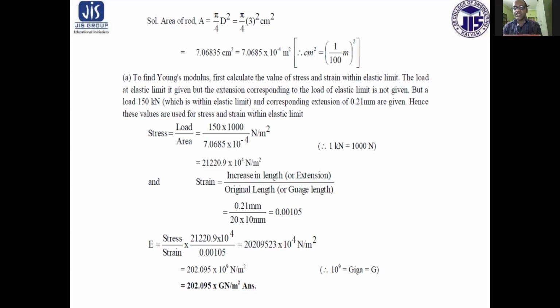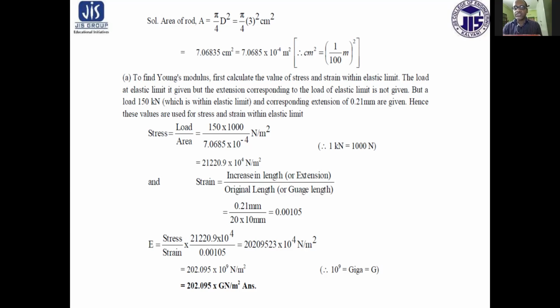The increase in length is 0.21 millimeter, and the original length is 20 centimeter, that is 200 millimeter, so strain is 0.00105. Now E, the Young modulus, is equal to stress by strain.